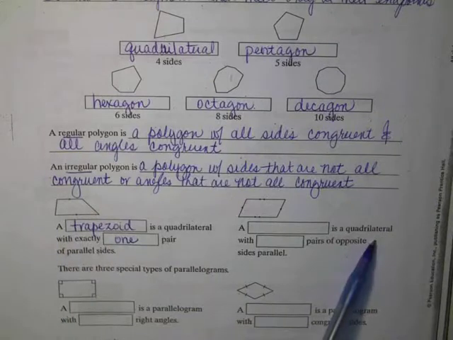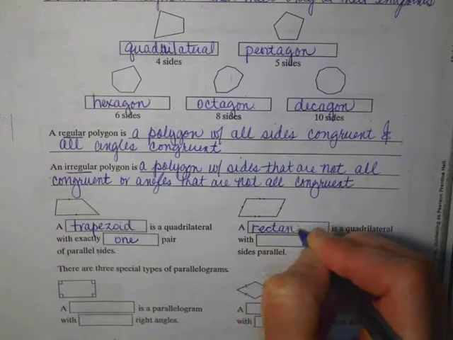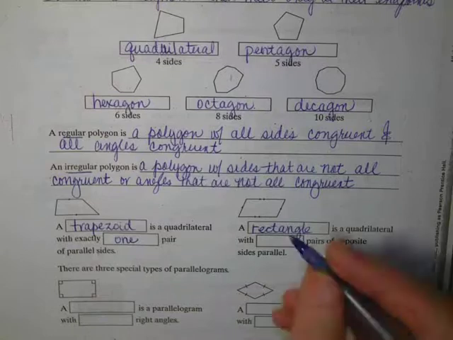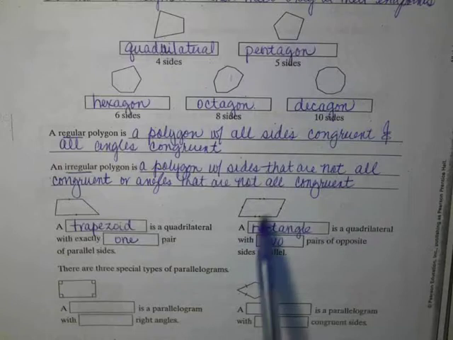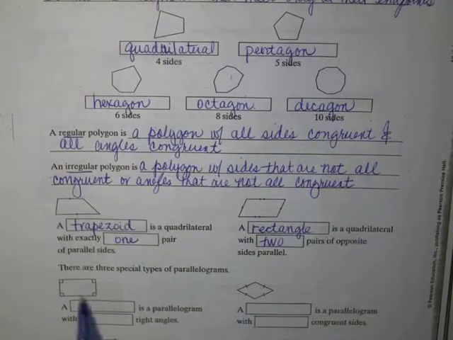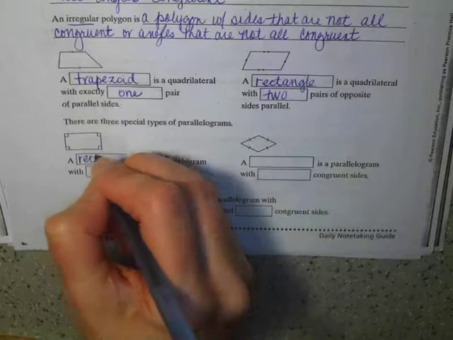All right, now the next one that we want to talk about is a rectangle. And a rectangle is a quadrilateral with two pairs of opposite sides that are parallel. So the top and the bottom are parallel, the left and the right are parallel. Okay? And here are some others, three other special types of parallelograms.